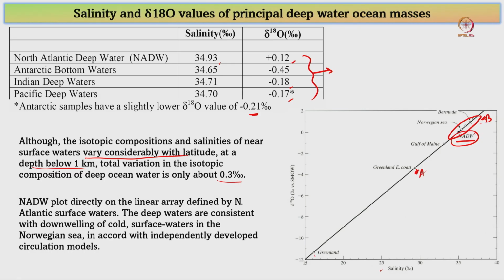Now, just to mention, this is Greenland ice sheet data, very close to the Greenland coast. This is not ocean water itself; it is basically reflecting the ice melt water. So, do not get confused with the ocean.